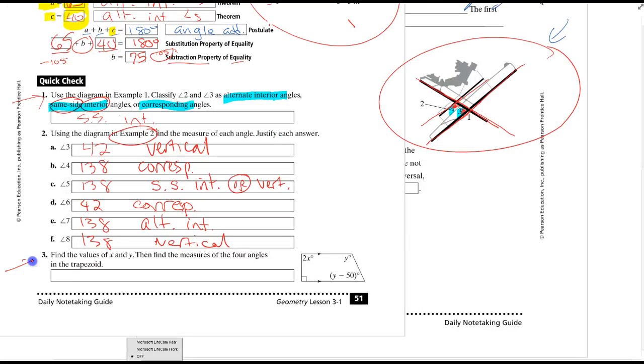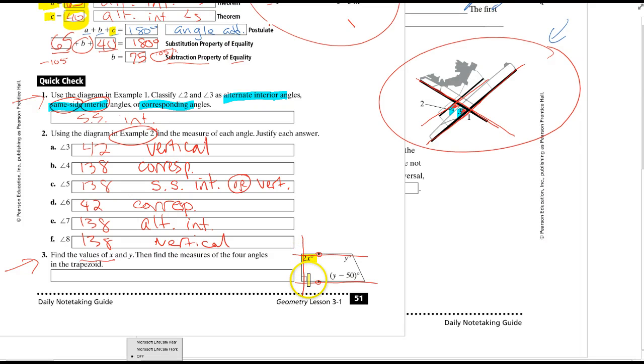Okay, the last part here, number 3, find the values of x and y and the angles of the 4 angles in this trapezoid. So I've got 2 parallel lines indicated by the arrows, and if I need to find the value of x, I'm going to choose the transversal that makes the angle where we have the x.